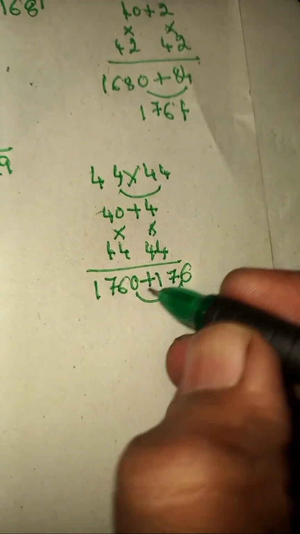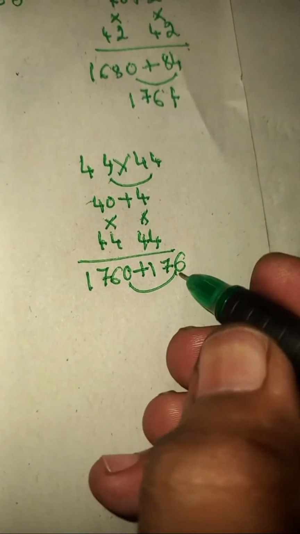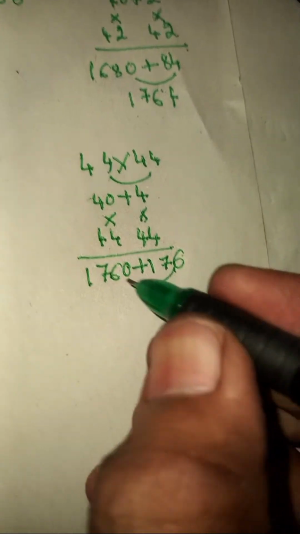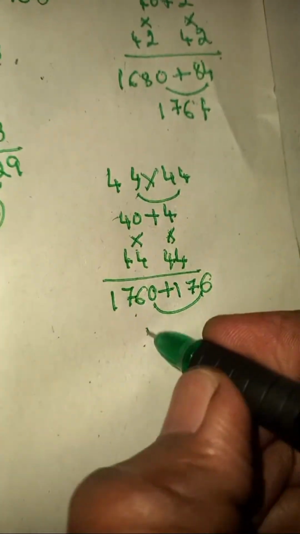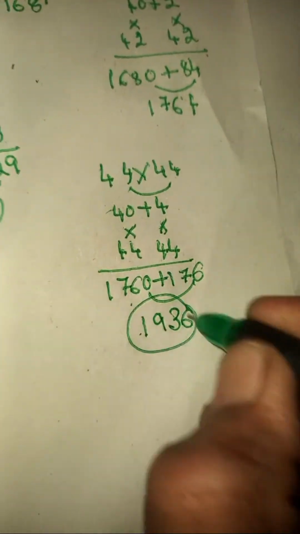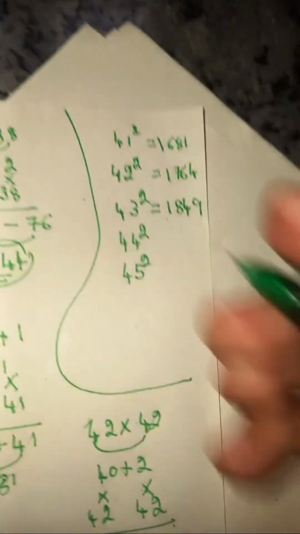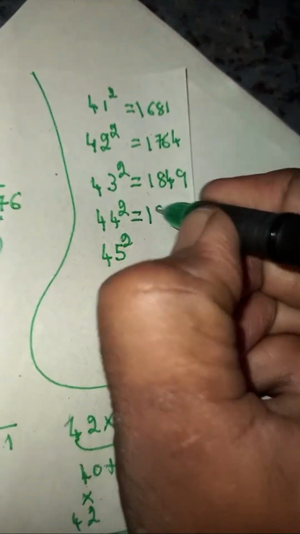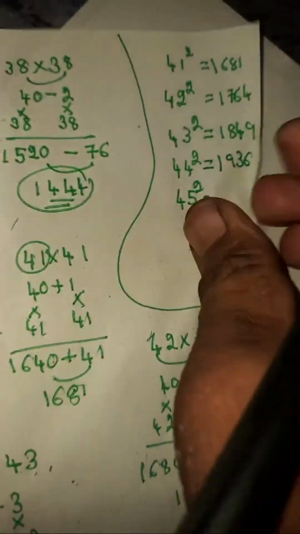When you add them, you're going to get 1936. So this is completely equal to 1936. Now let's do 45 square.